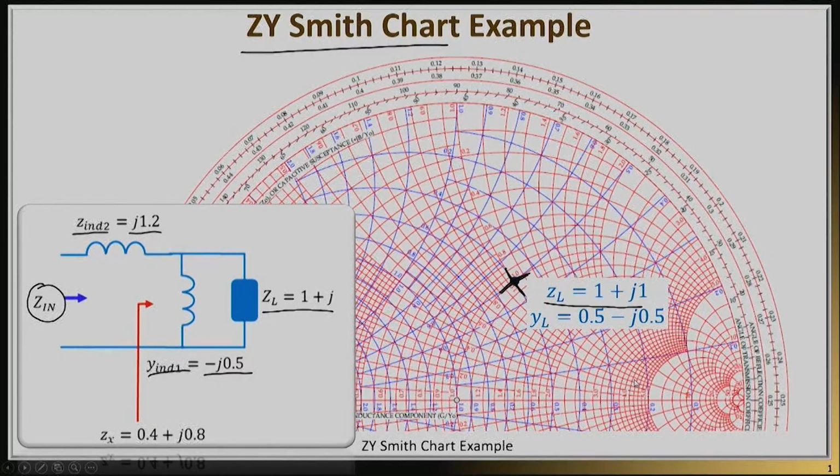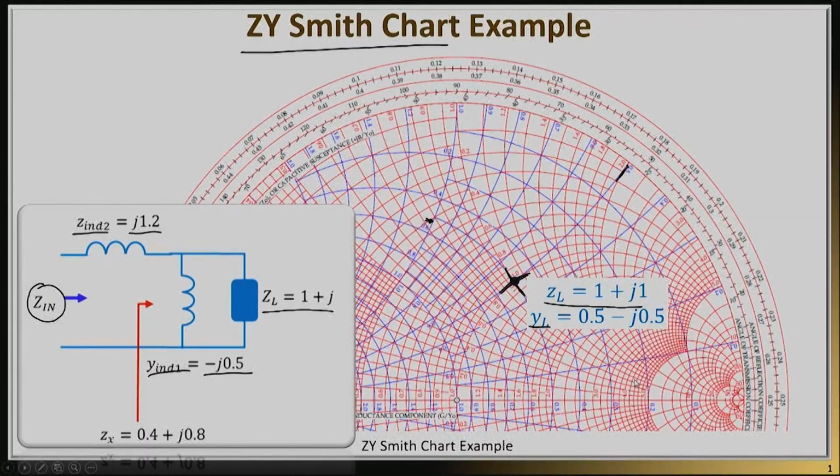Now, the beauty of this double Smith chart is that you can go ahead and read the YL, the admittance of this load as well. Why? Because I can now use the blue circles. If I use the blue circles, I have to read this circle right here, whose real part is 0.5, and then this circle right here, whose value is 0.5.